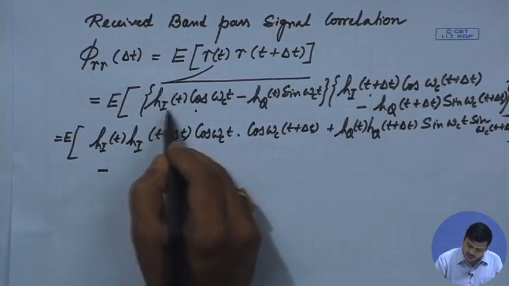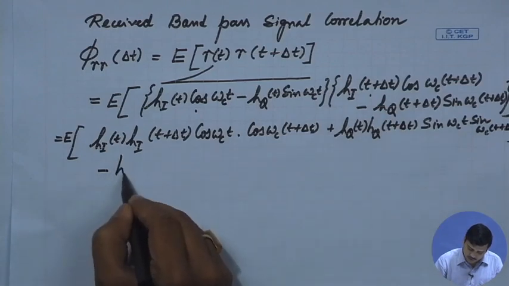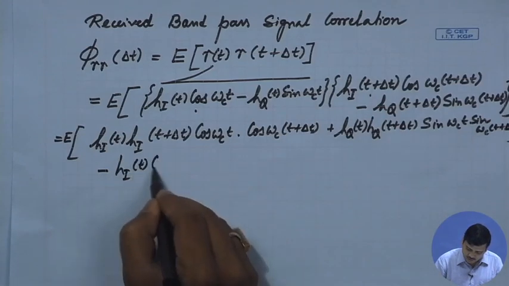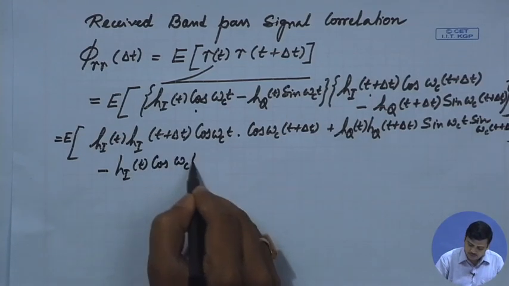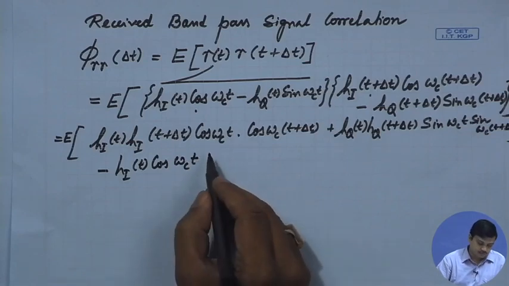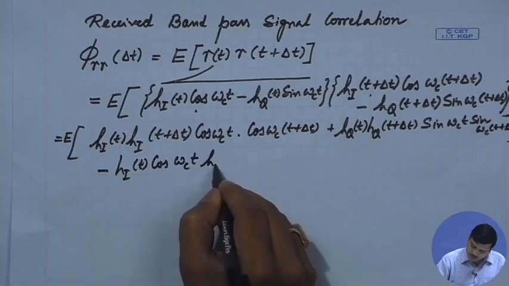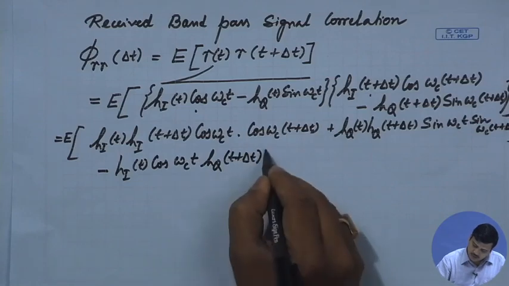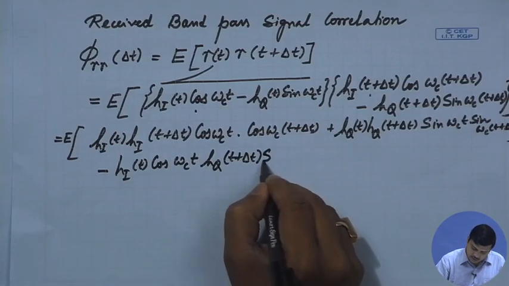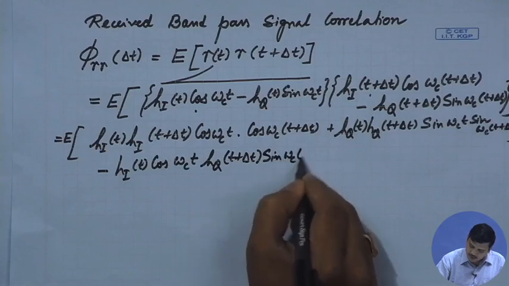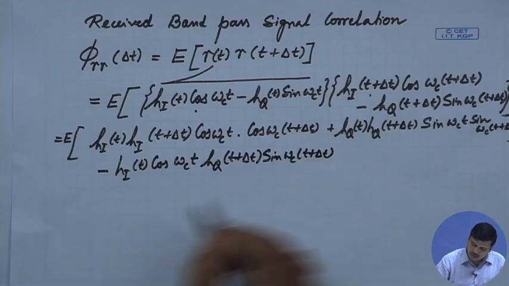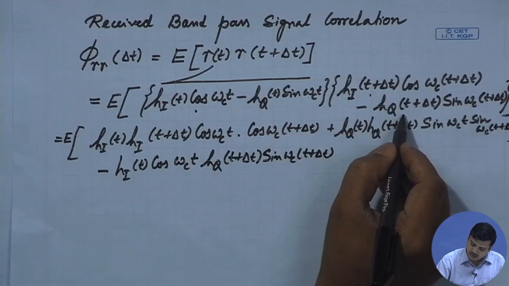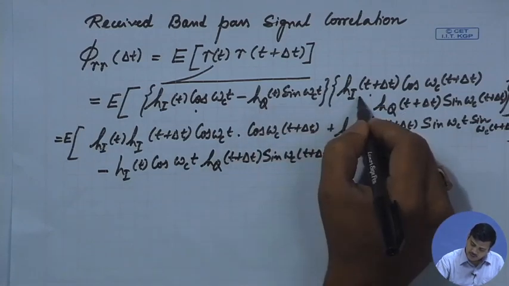Next we have h I h q terms, h I of t cos of omega c t, h q of t plus delta t sine of omega c t plus delta t. This product is done. Now we will be doing h q h I, this term.